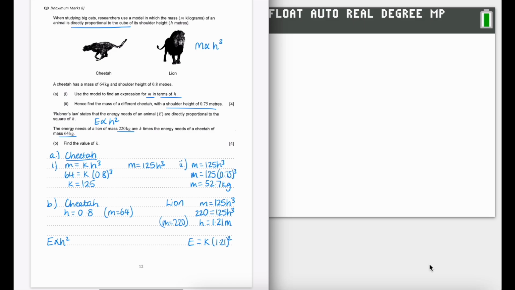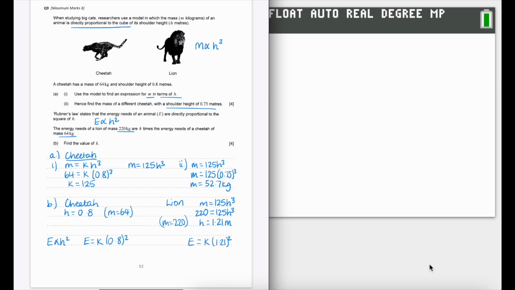For the cheetah, I know that the energy is equal to k times 0.8 squared, because for a mass of 64, the h value is 0.8. Now I'm told that the energy needs of a lion are k times the energy needs of a cheetah. So I'm going to write these two things together.